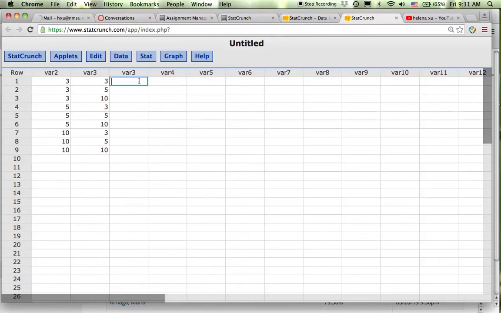For the first one, because the sample is 3, 3, you don't have any even number, so the proportion of even numbers is 0. For the second one, similarly, it's 0. The third one, because 10 is an even number, you have one even number out of 2, which gives you 0.5.